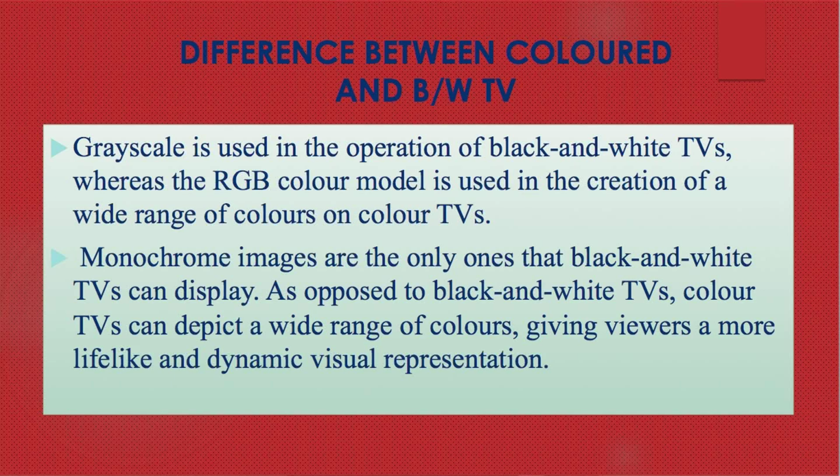Monochrome images are the only ones that black and white TVs can display. As opposed to black and white TVs, color TVs can depict a wide range of colors, giving viewers a more lifelike and dynamic visual representation.